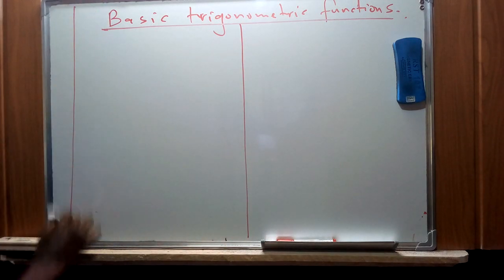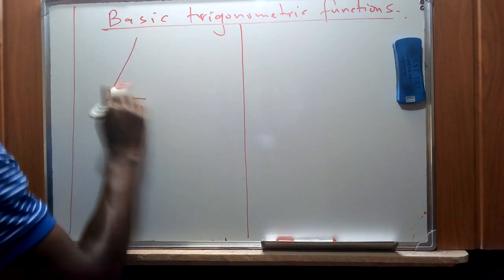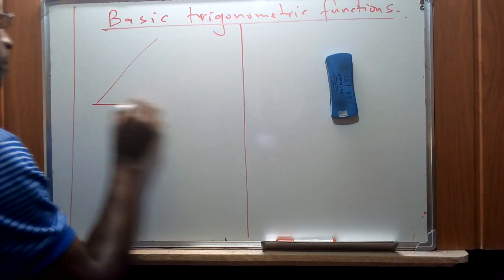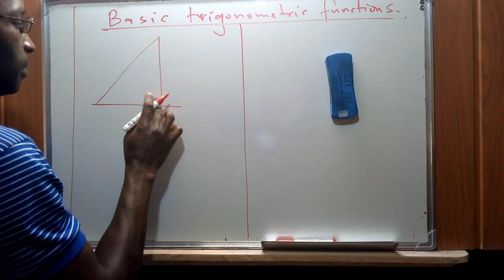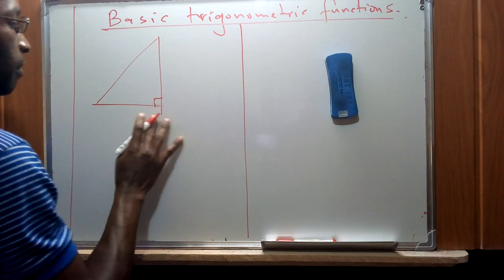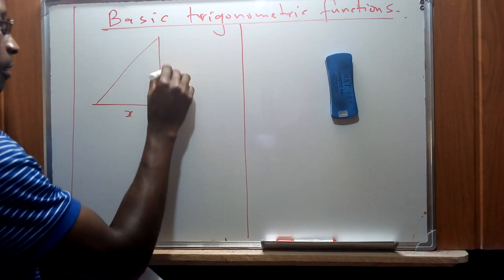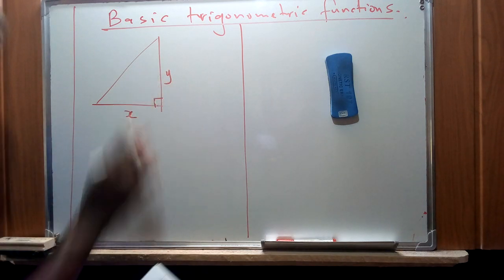So this is a three-sided figure. We talked about a rectangular coordinate system, so this is the X and Y axes.